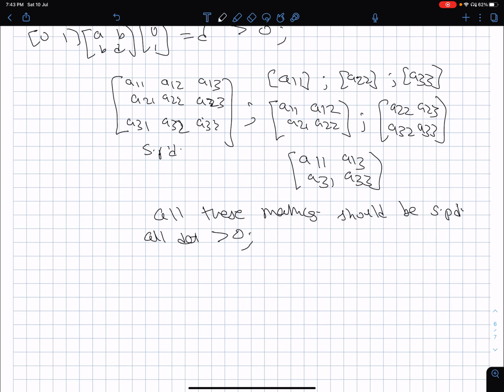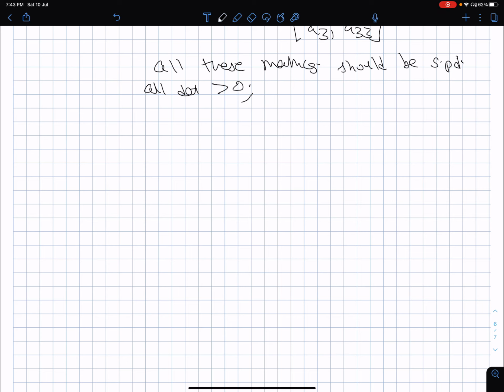Now you have come to some conclusion on how you can go about checking whether a matrix is positive definite, especially if you are dealing with 2 by 2 or 3 by 3 cases in classroom examples. What you should do is just calculate the eigenvalues. That's one approach. Check if they are greater than or equal to 0. If so, it is positive semi-definite. If strictly greater than 0, then it is positive definite.